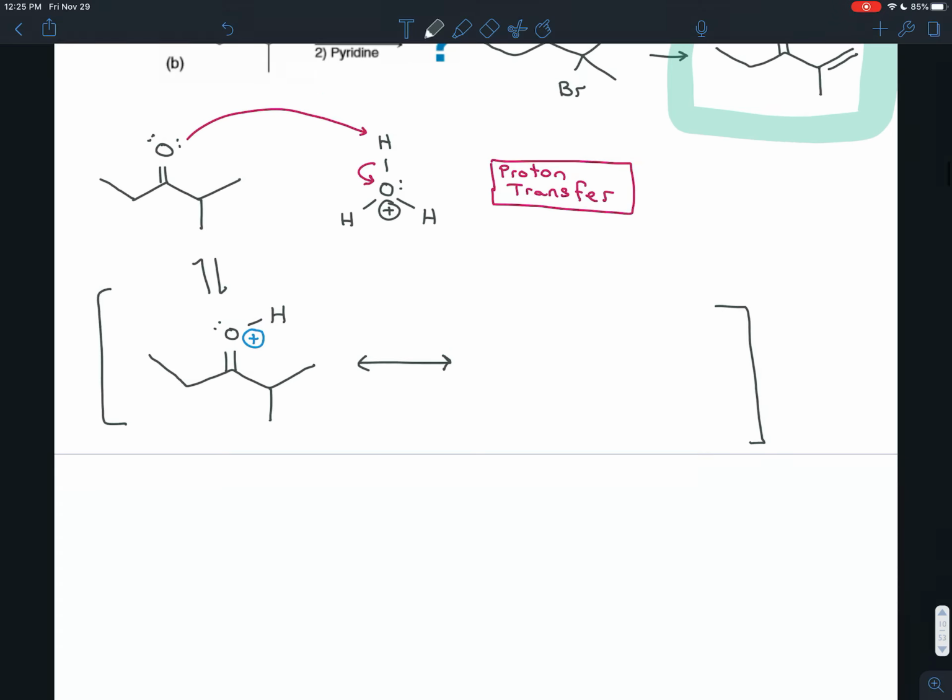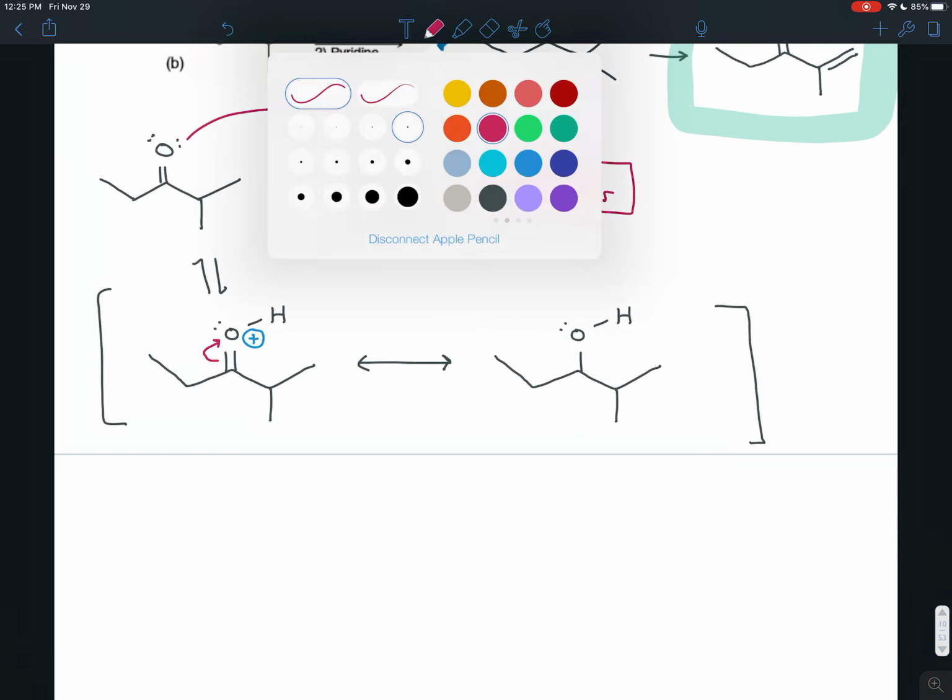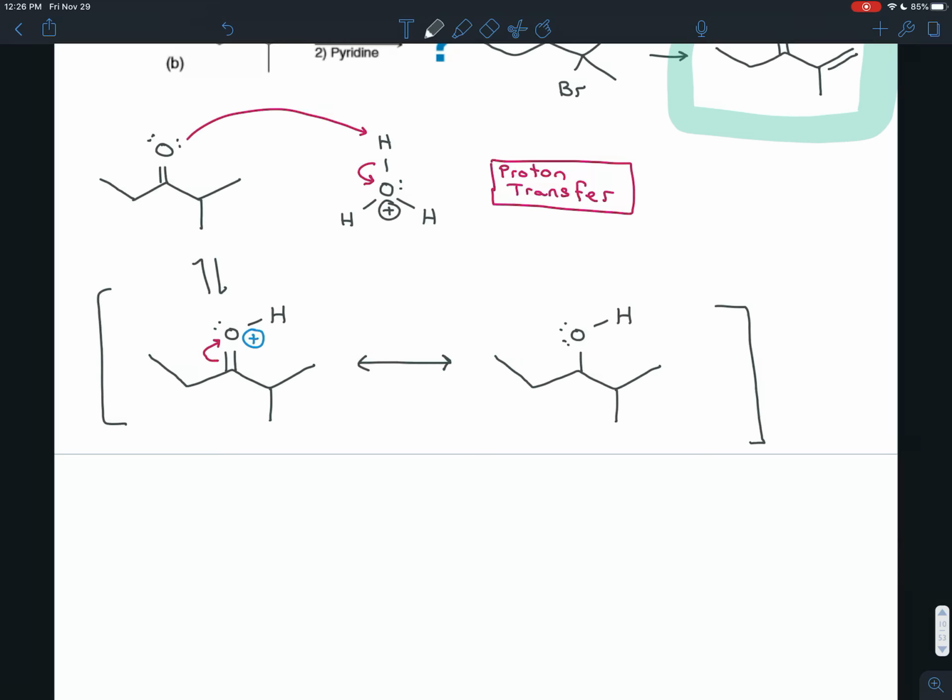It's the average of the 2, and we draw the special resonance arrow between them with 1 line and 2 heads. To draw the other resonance structure, we draw the pi electrons going onto the more electronegative atom in the pi bond. So the other resonance structure would look like this.